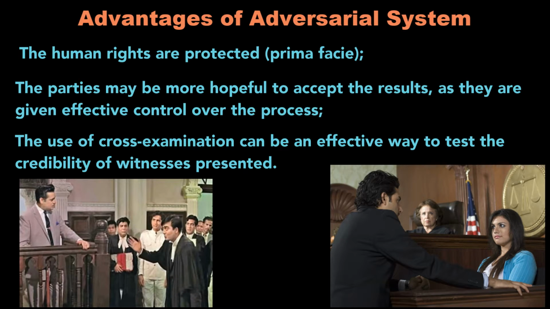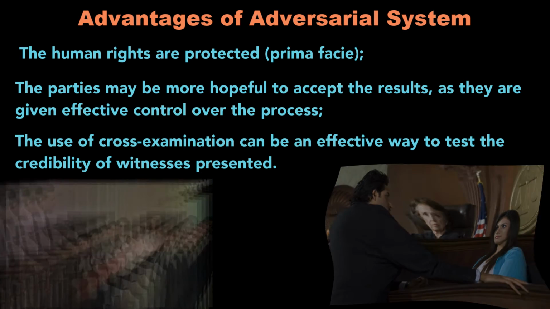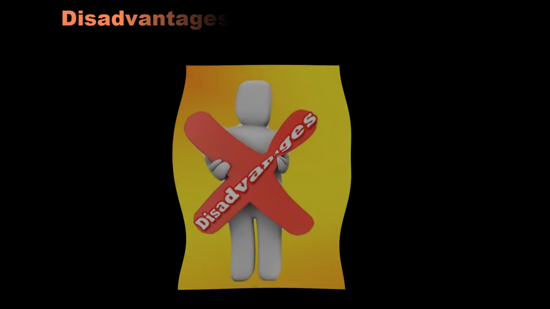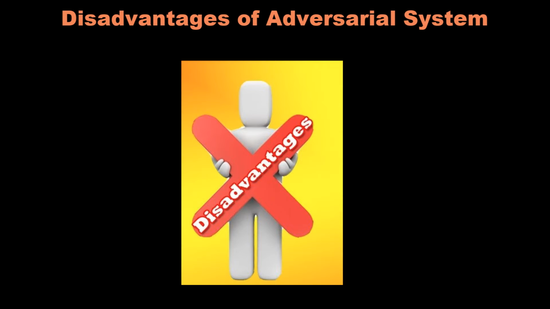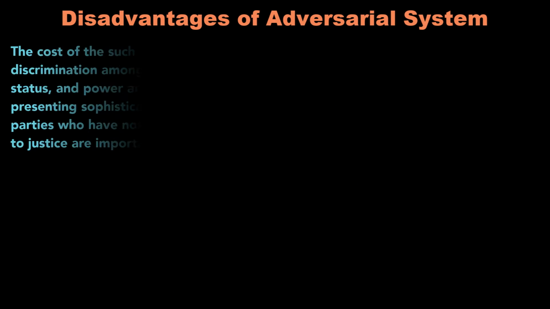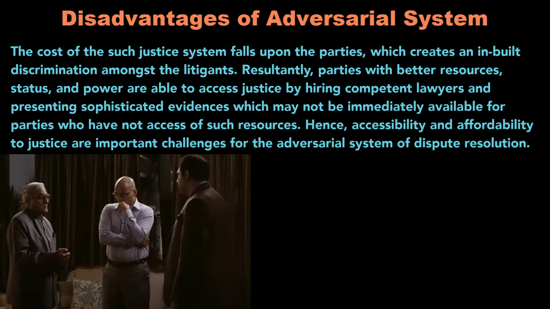Now, since we have discussed the advantages, let's discuss something about the disadvantages. So, the major disadvantages of the adversarial system are: the cost of such a justice system falls upon the parties, which creates an inbuilt discrimination amongst the litigants.